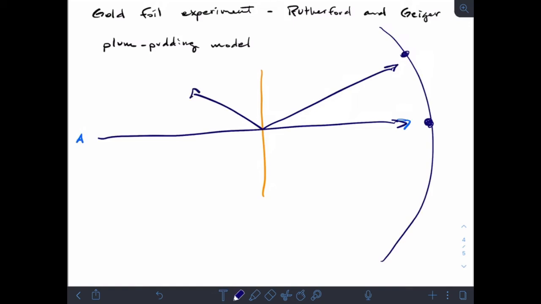Now if the plum pudding model is correct, this should not be happening. But they did it over and over again, and they found that it happened every single time they ran the experiment. Some of the particles would get deflected off in an odd direction. Some would actually get bounced back in the same direction that they were shot off, with some deflection in the process.